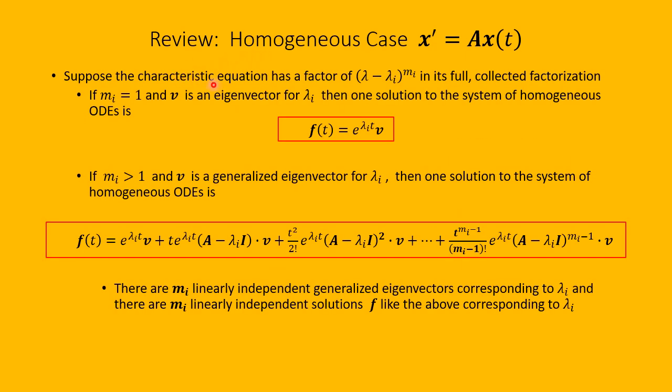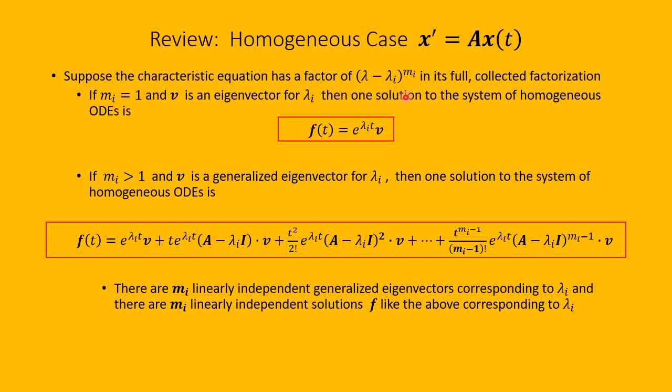So let's suppose the characteristic equation has a factor of the form (lambda minus lambda sub i) raised to the m sub i power in its full collected factorization. If m sub i equals 1, then this is just going to be lambda minus lambda sub i to the first power. In that case, v, that generalized eigenvector we're looking for, will be an eigenvector corresponding to that eigenvalue lambda sub i.